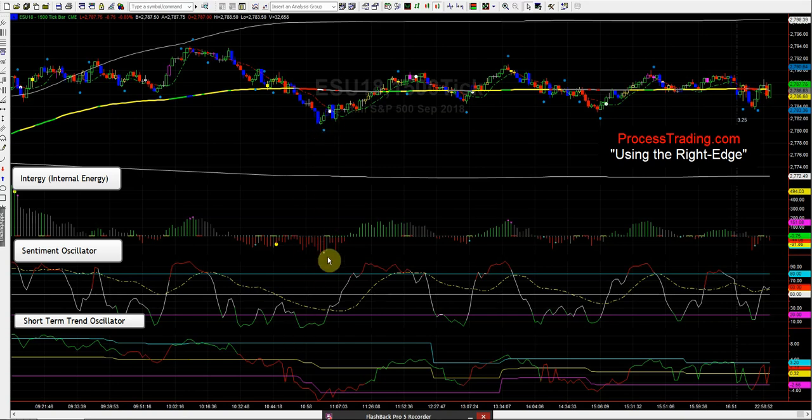We look at our discretionary indicators here. When you're looking at the discretionary indicators, you have demand, which is the green, you have weakness, which is the gray, and you have supply, which is the red. It's a proxy for volume. It's not one-to-one volume, so you don't see the bars associated with it, but it tells you a lot more information than volume does.